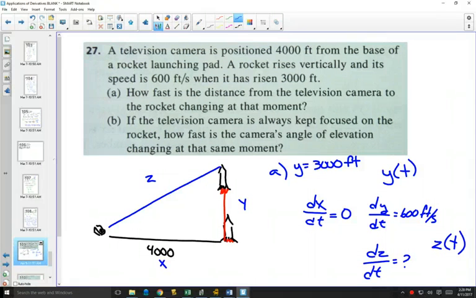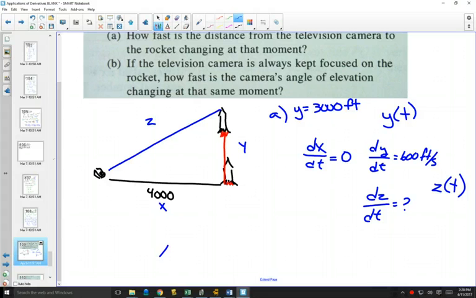So being a right angle triangle, can you make an equation? x squared, which is going to be 4,000 squared because it doesn't change, plus y squared equals z squared. So there's our equation. We can find the derivative with respect to t of that equation.